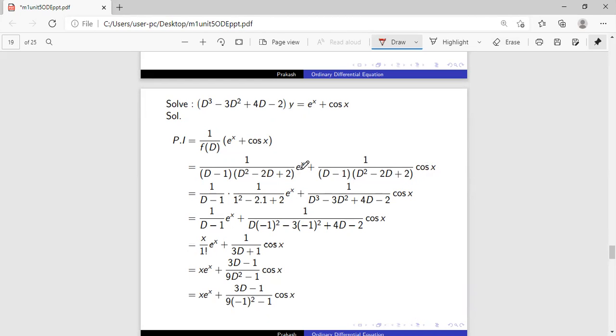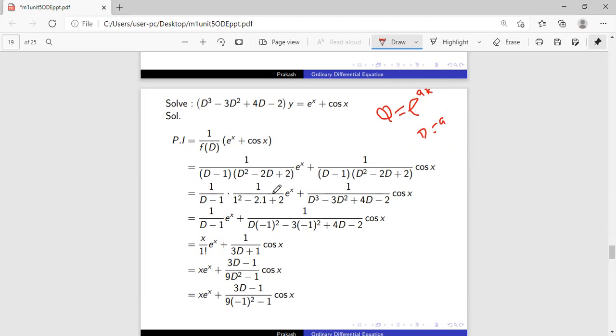So e^x is the first type. Suppose the right hand side function Q equal to e^(ax), then wherever D appears, you put just a, that is D equal to a, provided the denominator is not equal to 0.